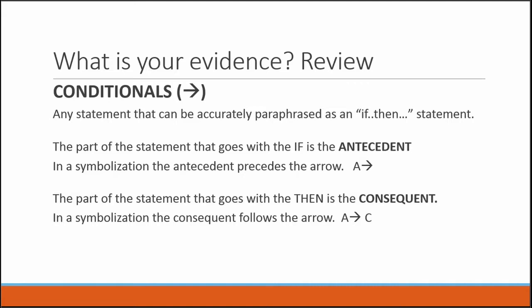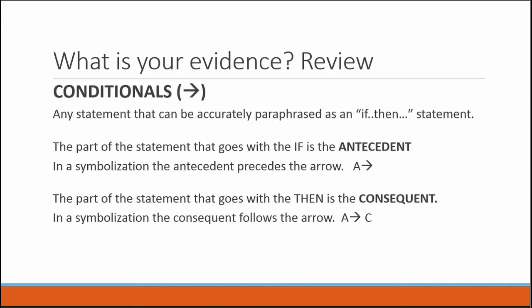Now, it's really important that you learn these vocabulary words: conditional, antecedent, consequent. You will not be able to proceed with the rest of the logic lessons if you do not know what a conditional statement is, what an antecedent is, and what a consequent is. So learn those vocabulary words.